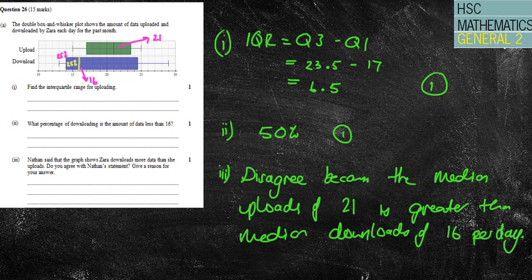So I've told them yes or no, I agree or I disagree. That's the first thing, which is very, very important. And then I've given them a reason based on the data that I've used, referring to those words such as median or the quartiles and those types of things.